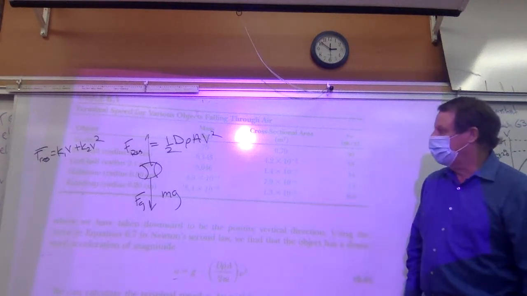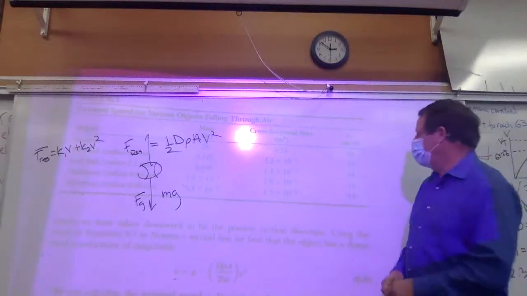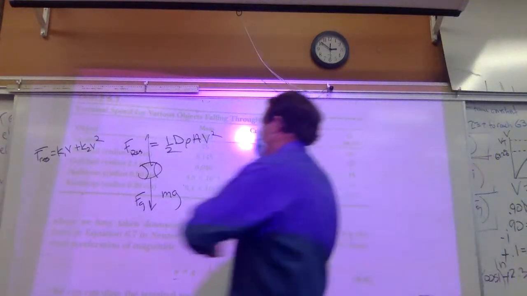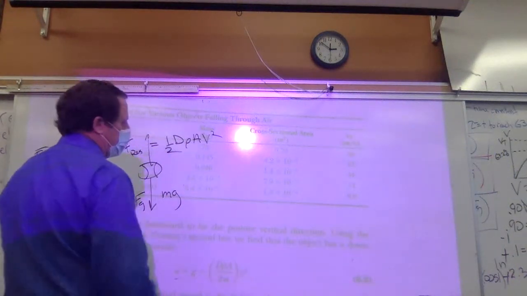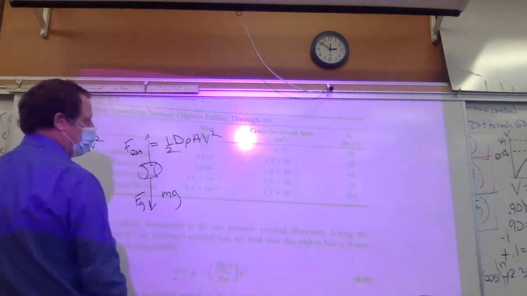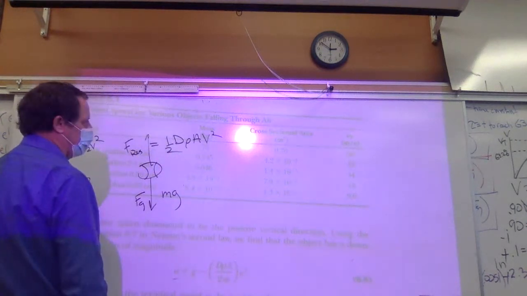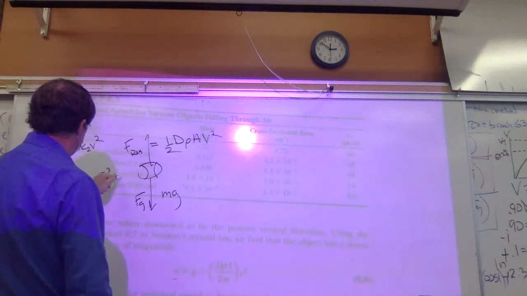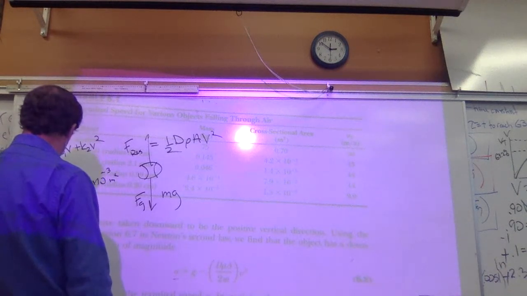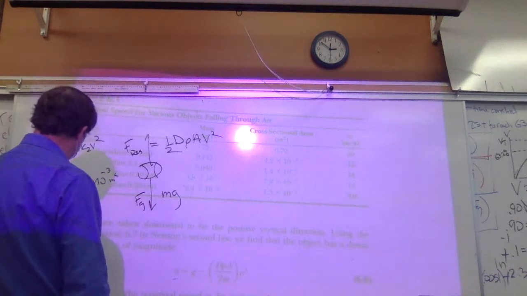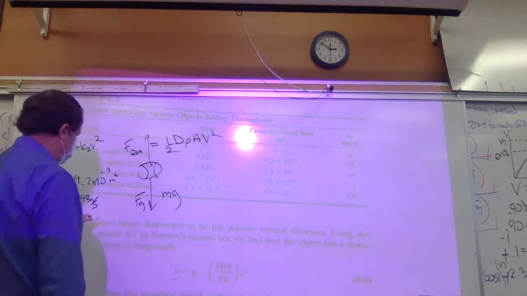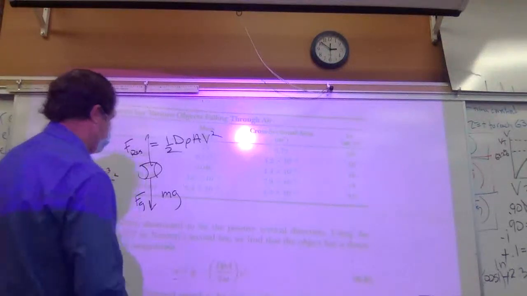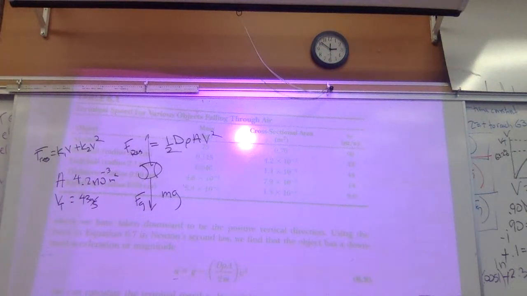So at any rate, the cross-sectional area of the baseball is 4.2 times 10 to the negative 3 square meters, and the terminal velocity is 43 meters per second. All right, so now we can go back to the question.